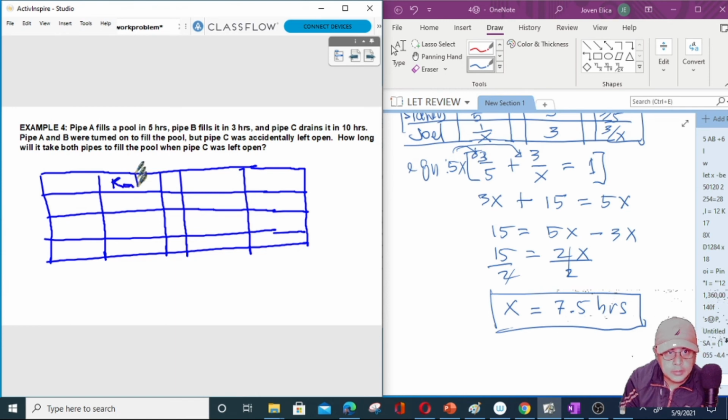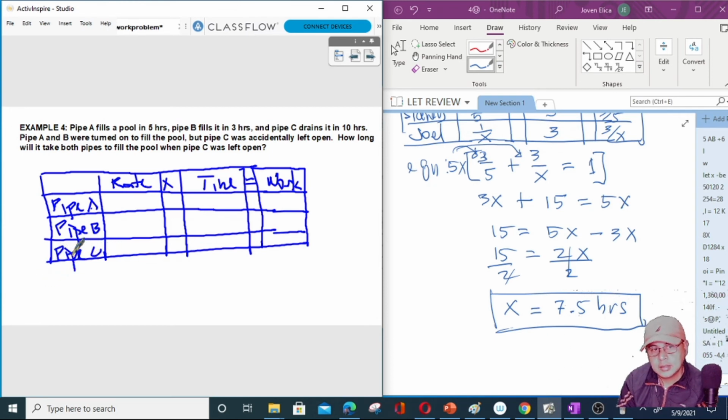Again, we have the rate multiplied by the time is equal to work. Here we have pipe A, which is considered inlet, and we have pipe B, and then pipe C. So the rate of pipe A is, pipe A fills a pool in 5 hours.